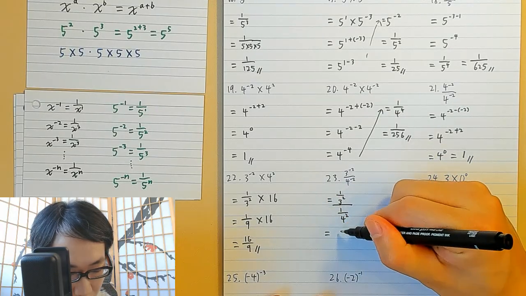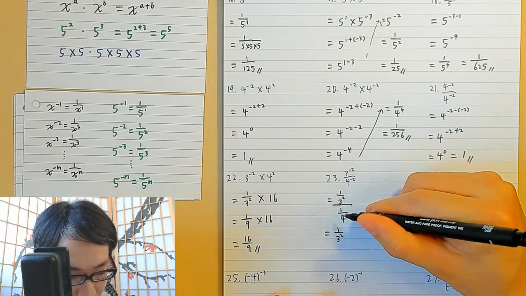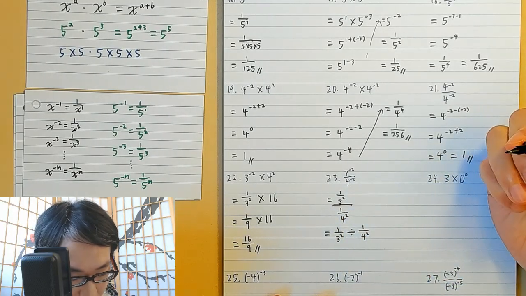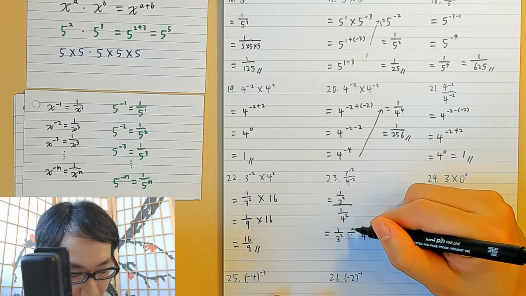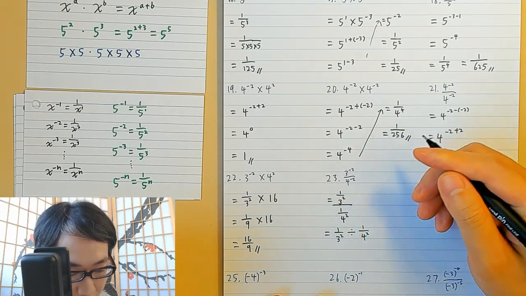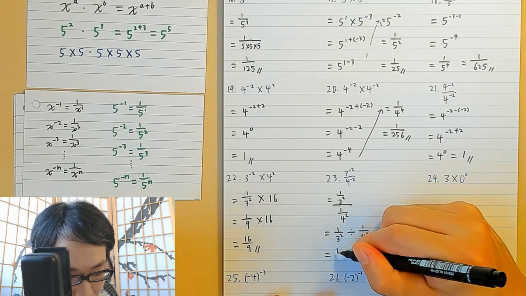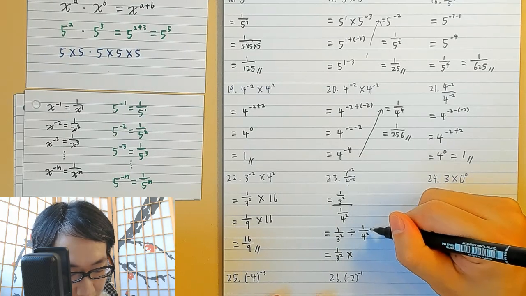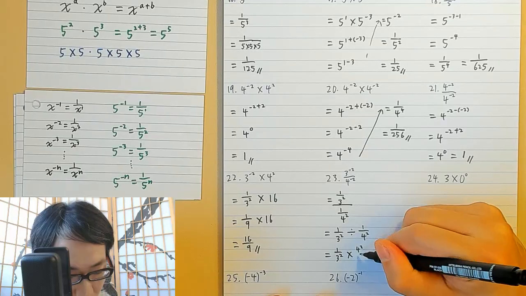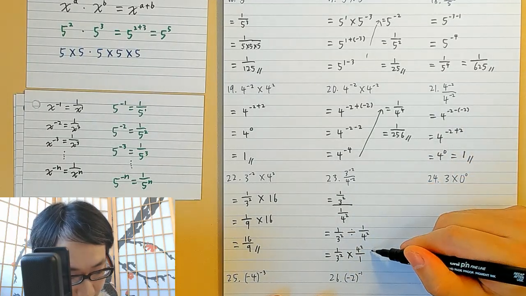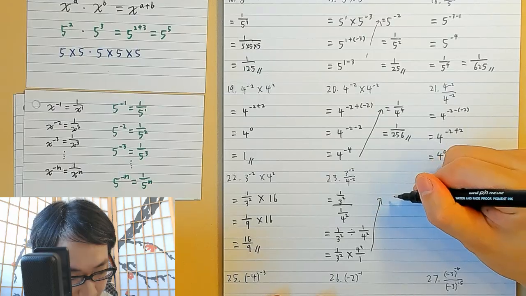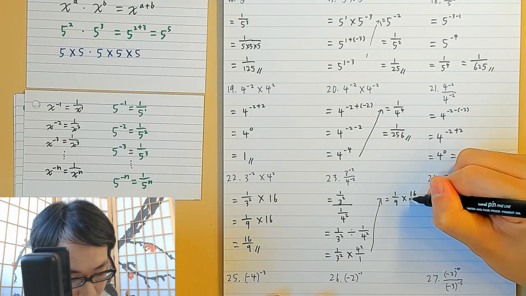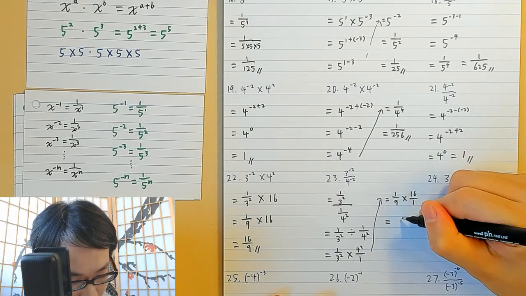So this equals 1 over 3 squared divided by 1 over 4 squared. And dividing means multiply by the inverse of that. So the numerator and the denominator have to switch place. It's 4 squared over 1. Okay. And we have 1 over 9 times 16 over 1. Again, we have 16 over 9.